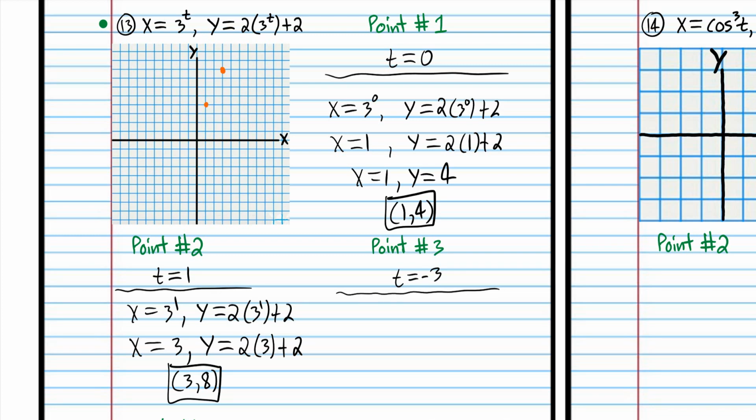3 for t. So then x is equal to 3 to the negative 3, y is equal to 2 times 3 to the negative 3 plus 2. x is equal to 1 over positive 3 to the third power, y is equal to 2 times 1 over 3 to the third power plus 2.